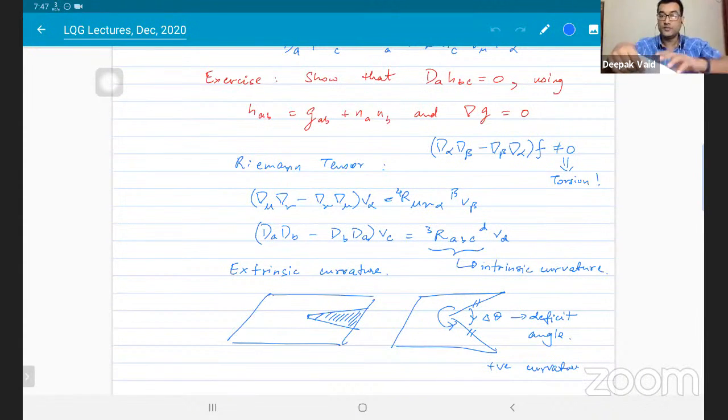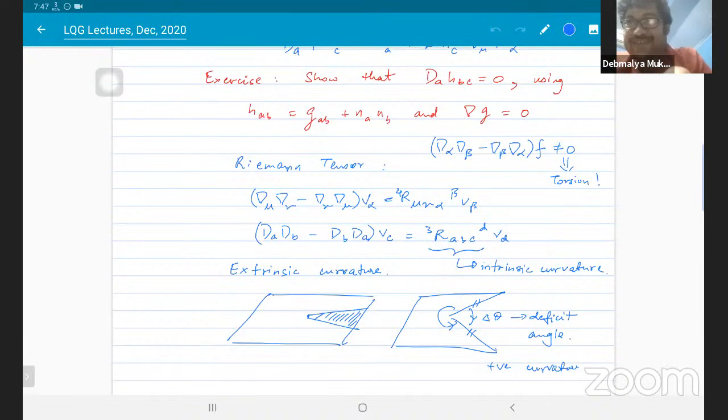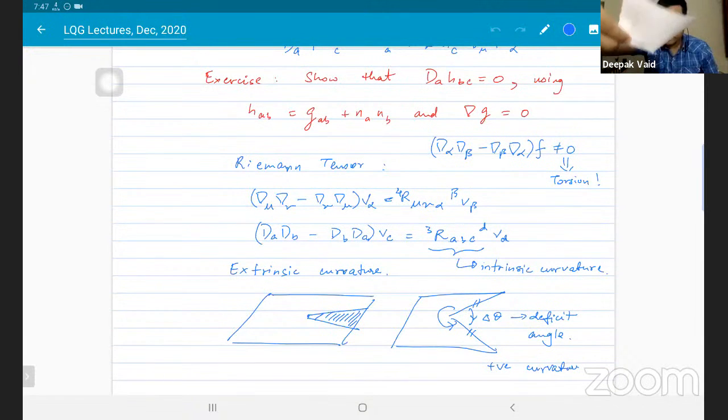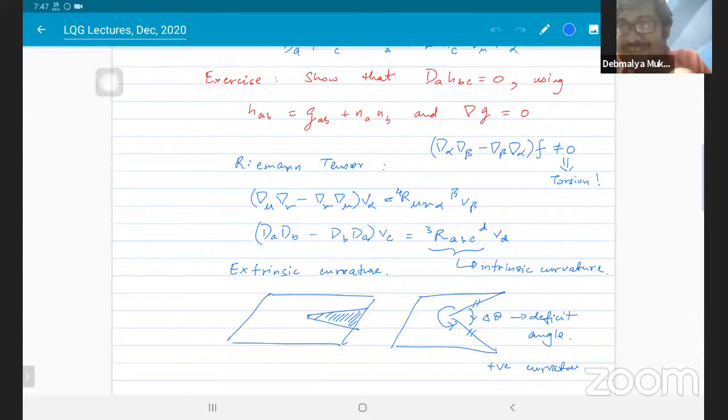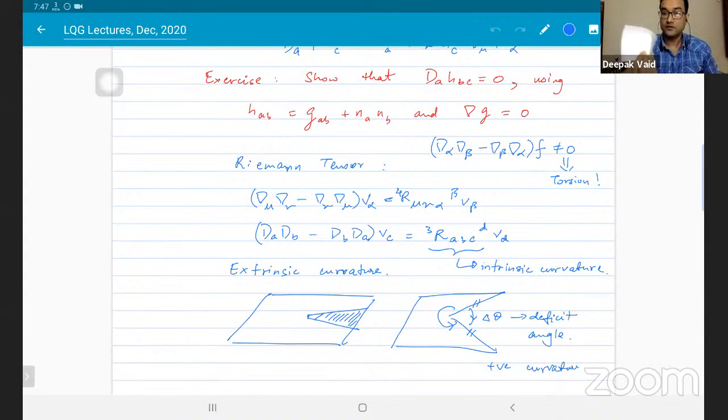Now you take these two edges and you glue them together. What do you get? You get something that people sell peanuts in, right? And here there's a conical singularity at this point, right?